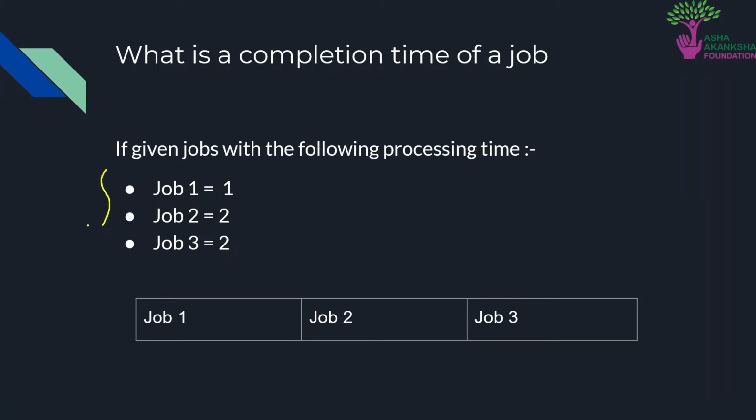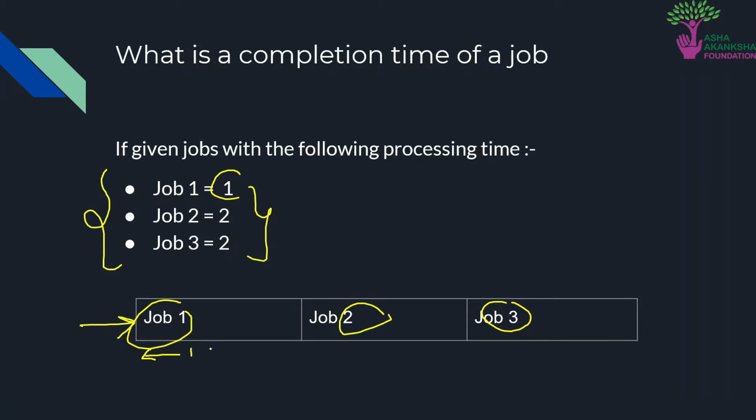Suppose I have been given three jobs with their processing times as 1, 2 and 2 respectively. If I schedule the jobs in this way, first job 1, then 2 and then finally 3, then the completion time of job 1 will be the same as its processing time, as we do not have any job preceding it.